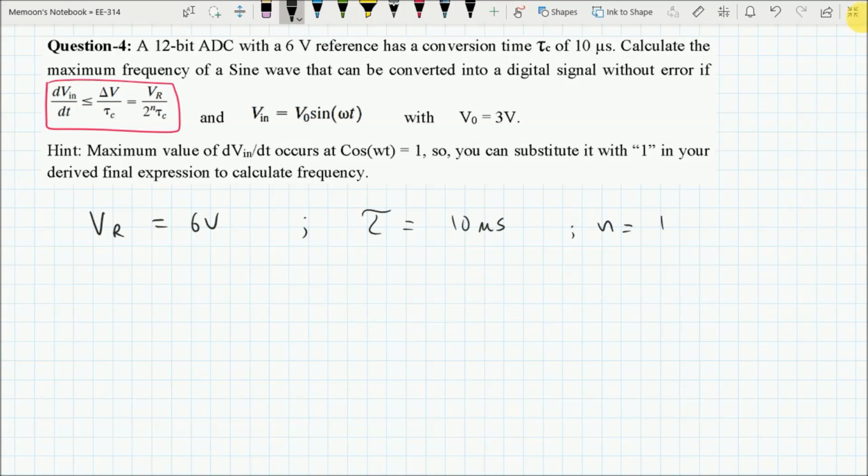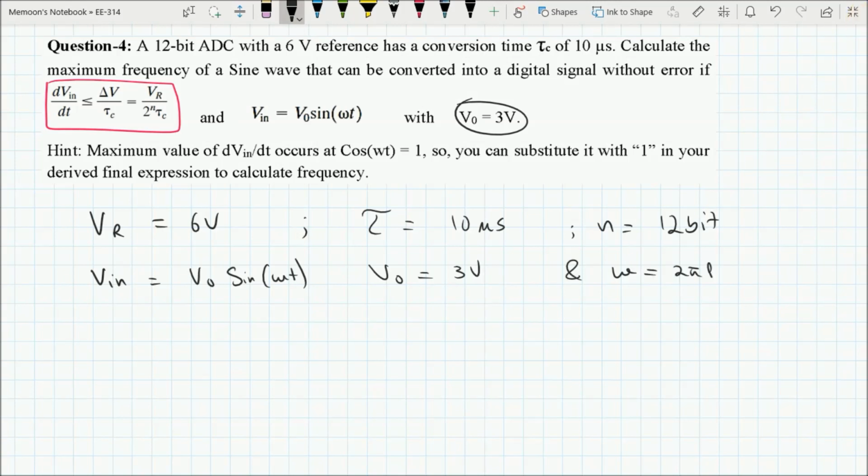N is equal to 12 bit, and V in is equal to V naught sine omega t, where V naught is equal to 3 volts, that is again given here. Omega is equal to 2 pi f, we know that it is the angular frequency, and f is equal to question mark. We have to find the maximum frequency f.